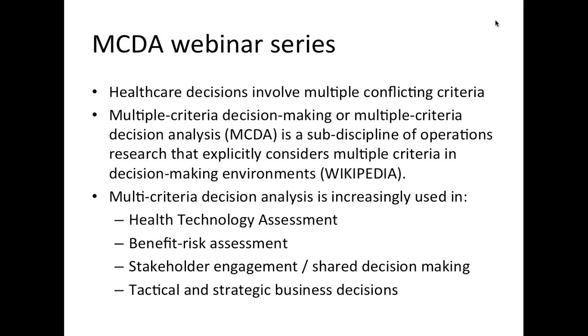There's been some work in the European Medicines Agency on the use of multi-criteria decision-making methods to support benefit risk assessment. We've done quite some work on stakeholder engagement, particularly patient engagement in shared decision making. And finally, MCDA is also being used in practical strategic business decisions, like, for instance, building a new hospital. So there are different applications of MCDA.